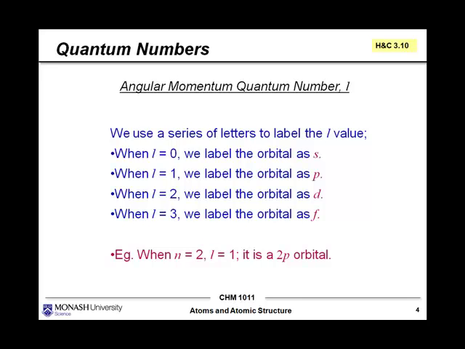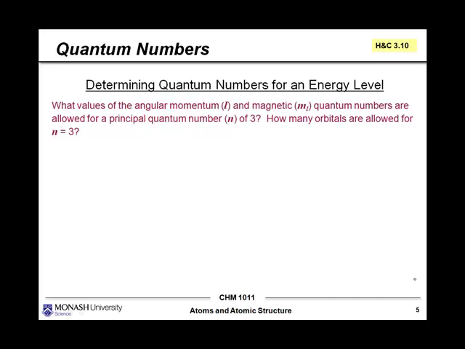For example, when n equals 2 and l equals 1, we call this a 2p orbital. So we're still using the number 2 to describe the principal quantum number, but the angular momentum quantum number is designated by the letter p, and we talk about a 2p orbital.